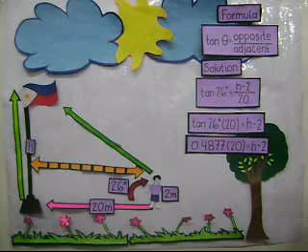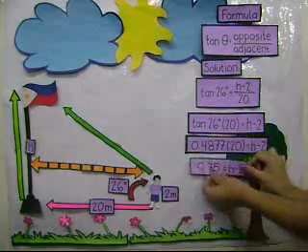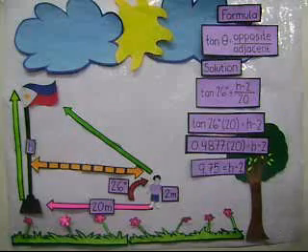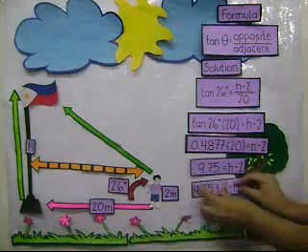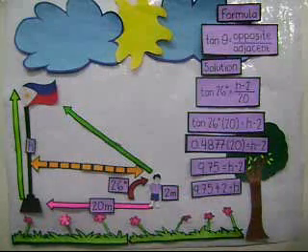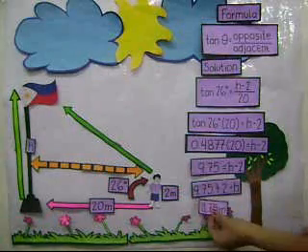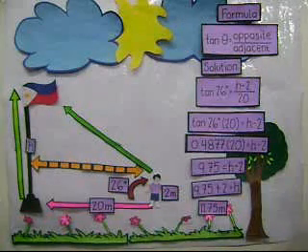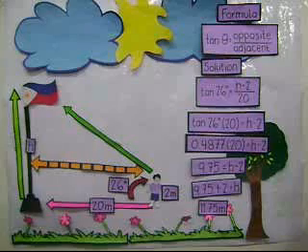So 9.75 is equal to h minus 2. Then we will transpose 2. So we now have 9.75 plus 2 is equal to h. 9.75 plus 2 is equal to 11.75. So h is equal to 11.75. Thus, the height of the flagpole is 11.75 meters.